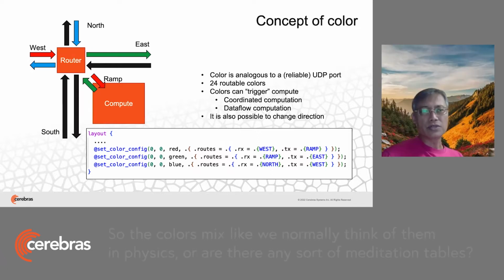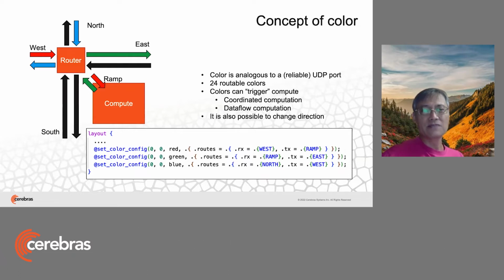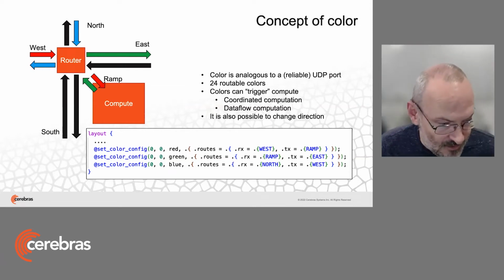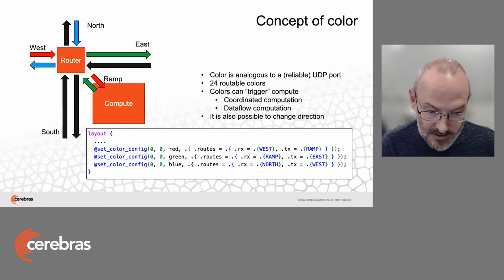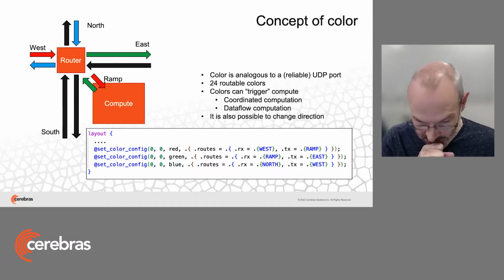Yes, I think so. So the colors mix like we normally think of them in physics, or are there any sort of multiplication tables, any rules, for how the colors interact? There are a couple of subtleties that I'm not going to get into today, where you can actually toggle between 2 colors automatically.